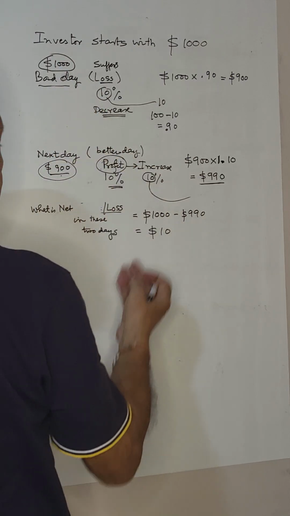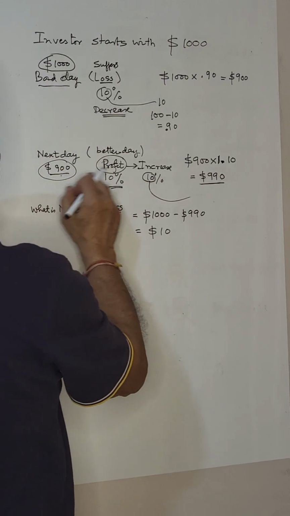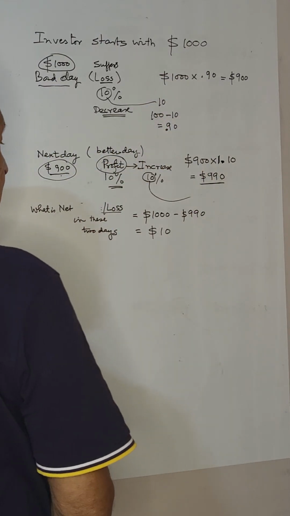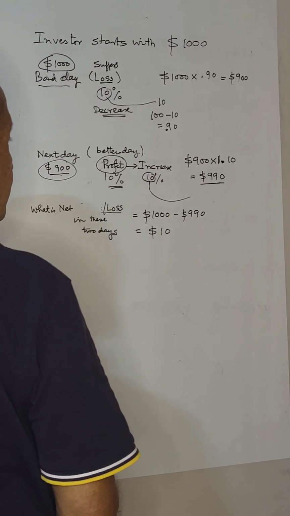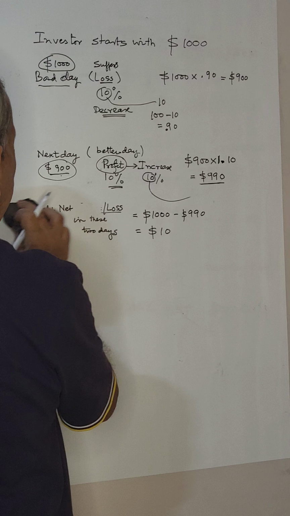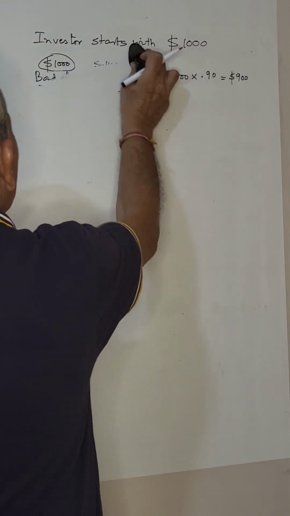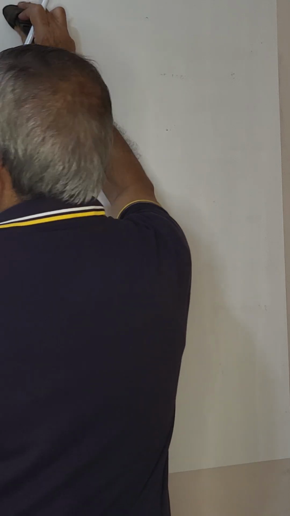That is the reason there is a loss. Had this been on 1,000, both would have been the same. Okay, it is 900. So that is it. Thank you.